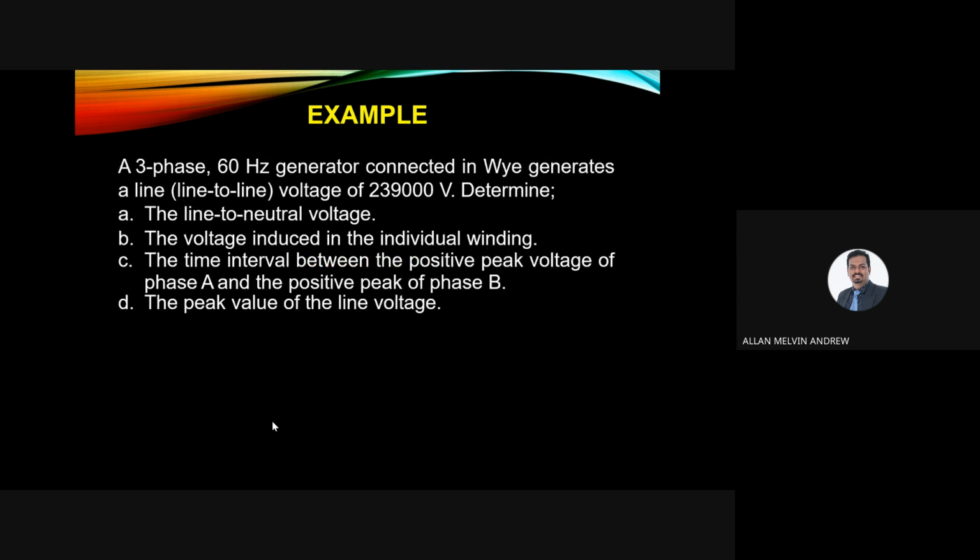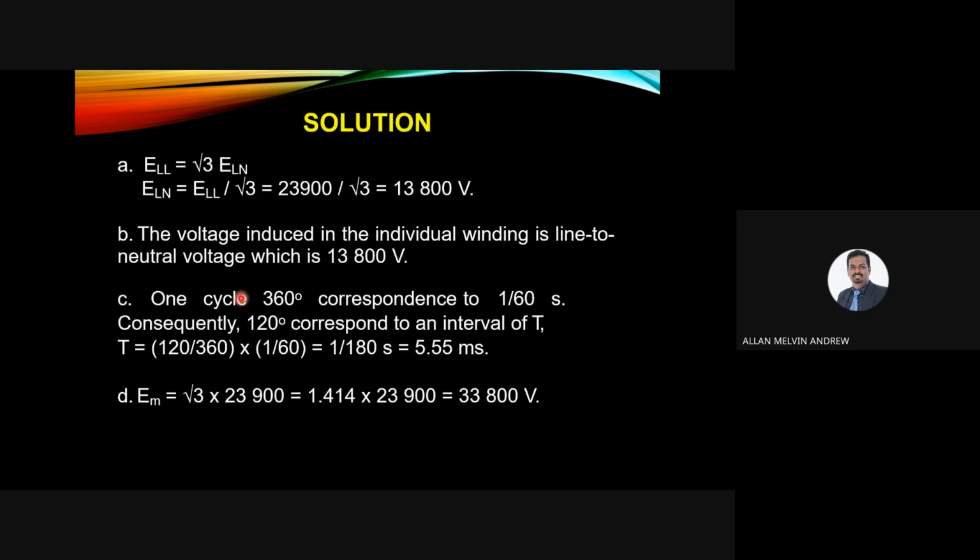Okay, another example. A three-phase 60 Hz generator connected in Y generates a line to line voltage of 23,900 volts. Determine the following components. So you can see the solution. ELL equals square root of 3 times ELN. This is our standard formula. So ELN is ELL divided by square root of 3.